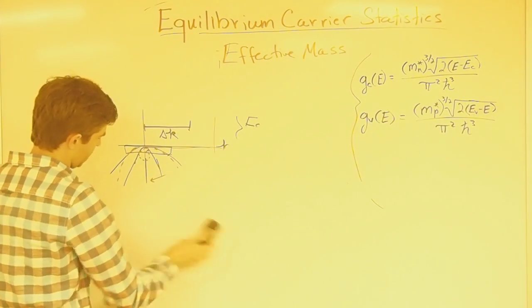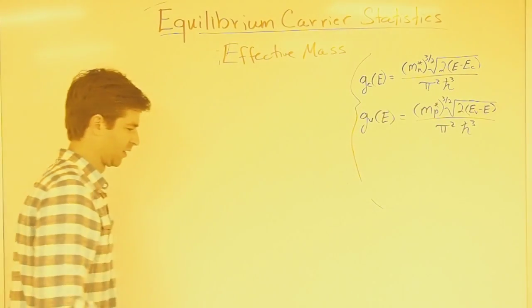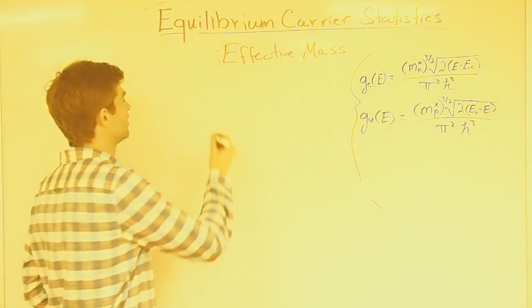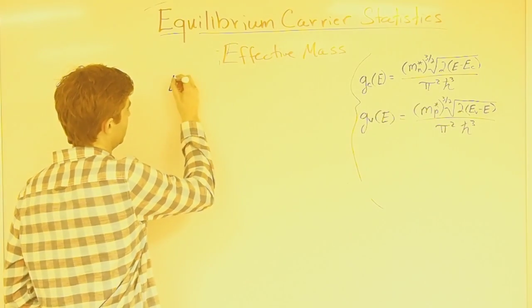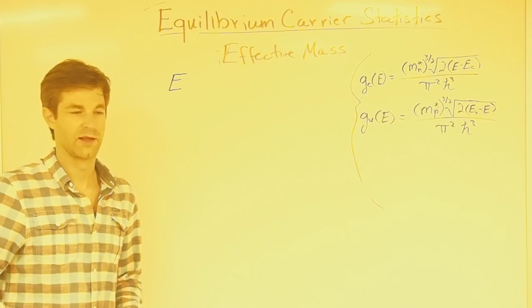So for all of these equations we're going to be using, the variable that's going to be changing is energy E. Energy E is the energy that some state is in the material that we're analyzing.